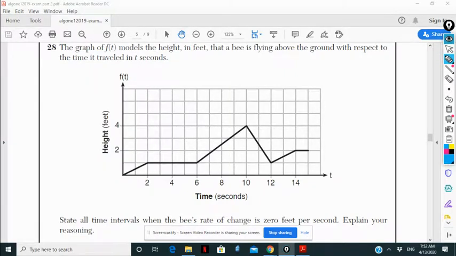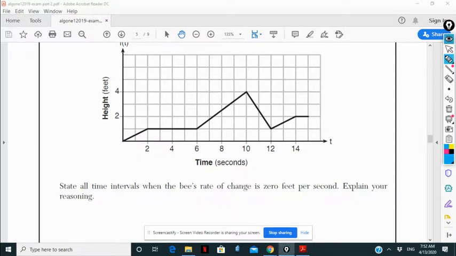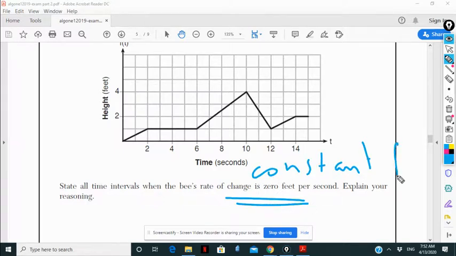of the function f(t) models the height in feet that a bee is flying above the ground with respect to the time it traveled in t seconds. State all the time intervals that the bee has a rate of change 0. So rate of change 0 means I have a constant function. Okay, so I have no change in height.